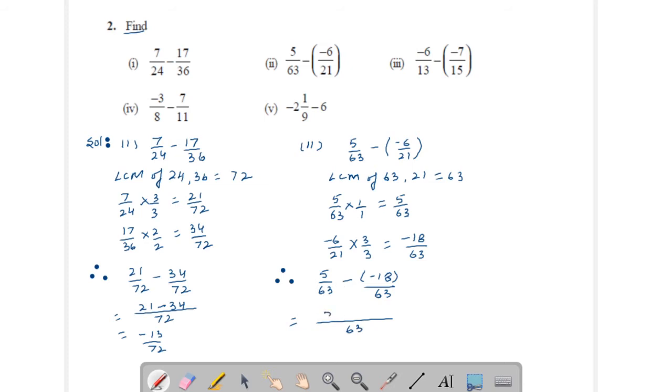Here 5, and here if you open bracket, the minus into minus, it is plus. It is 5 plus 18. And what will you get? It is 23 upon 63. This is your answer.